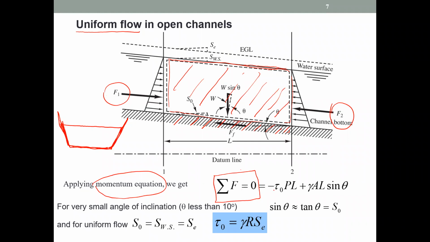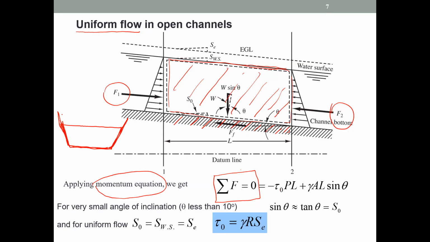If you consider the shear stress is tau naught, how do you find the friction force or the shear force? You know that shear stress multiplied by the area is equal to the shear force.